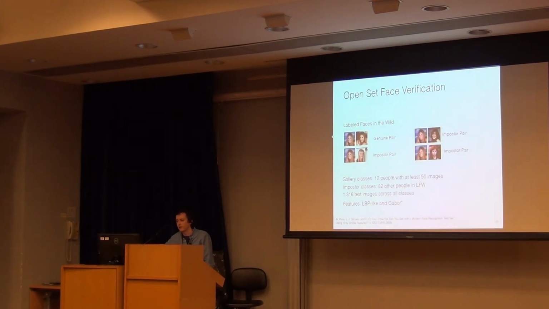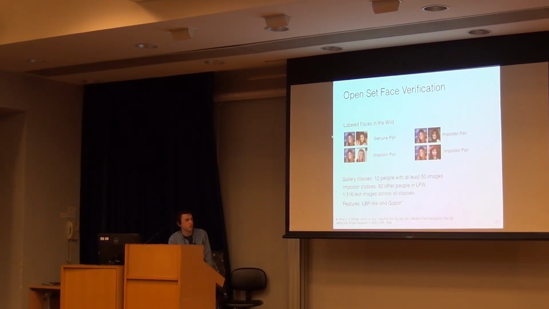We could also look at another task like open set face verification, looking at a data set called labeled faces in the wild, where we have genuine face pairs and also imposter face pairs. We can define, say, a gallery of 12 people with at least 50 images, and then a large number of imposters, in this case 82 other people. In this case, we'll have about 1,300 test images across all classes.